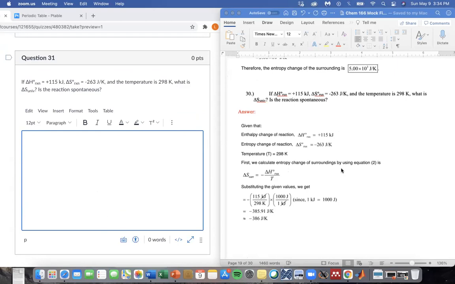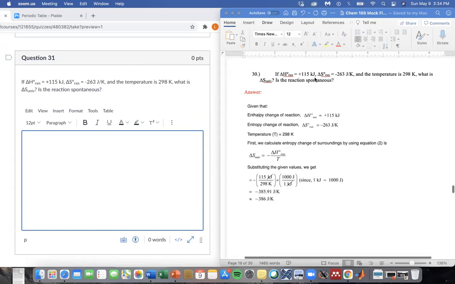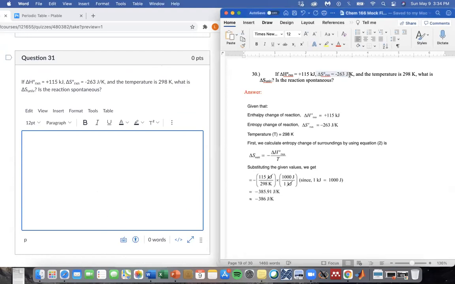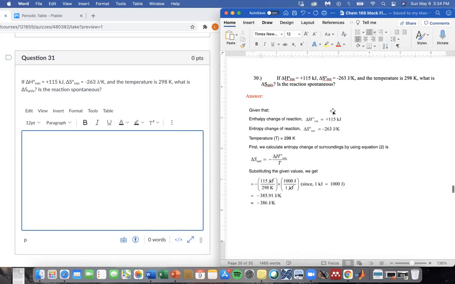For 31 here, we have to calculate delta S universe. And so delta S universe is the delta S of the reaction plus the delta S of the surroundings. We have the delta S of the reaction, so we need to figure out the delta S of the surroundings. And we calculate it just like we did in the previous problem.